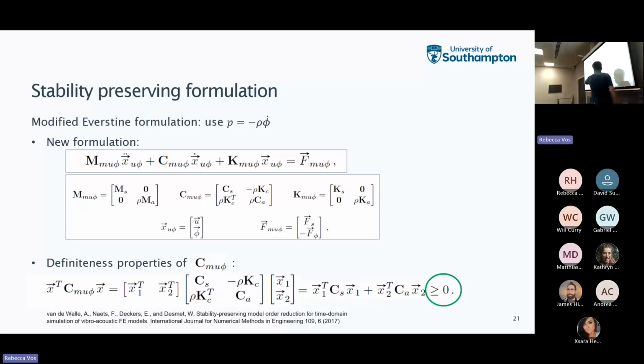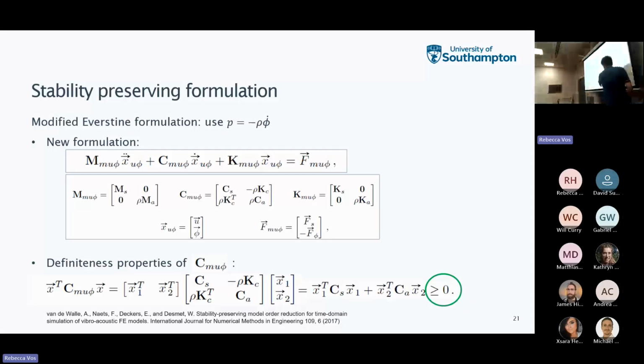If we look at the definiteness properties of the coupling matrix, all the coupling terms with this modified formulation, which works on the velocity potential instead of the pressure itself, so we solve for the acoustic velocity potential phi and not for the acoustic pressure, are now in the damping matrix instead of in the mass and stiffness matrix.